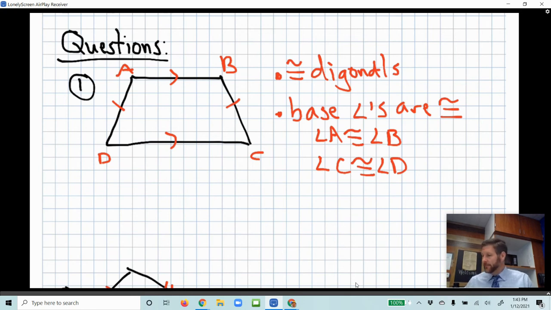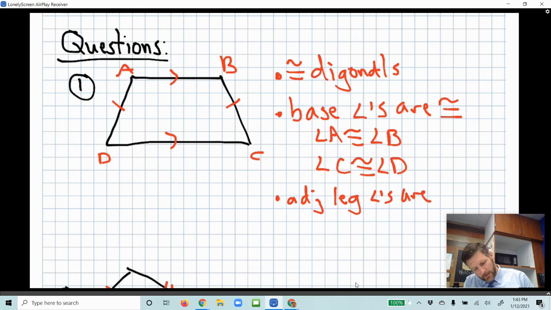And finally, check my notes, make sure I cover everything. And finally, adjacent leg angles are supplementary. So when you see that, because you basically have a same side interior situation here, angle A plus angle D equals 180.